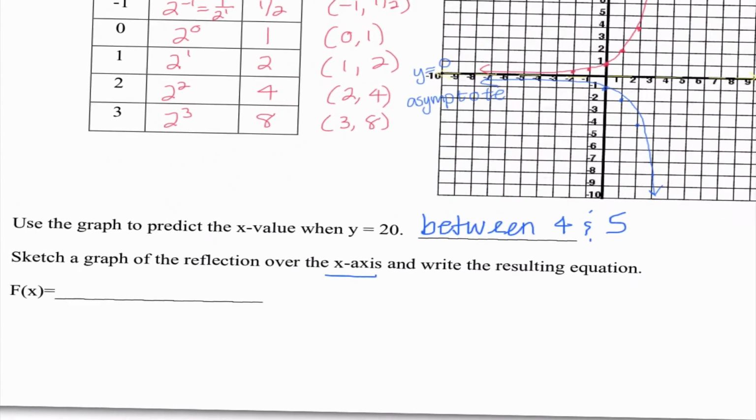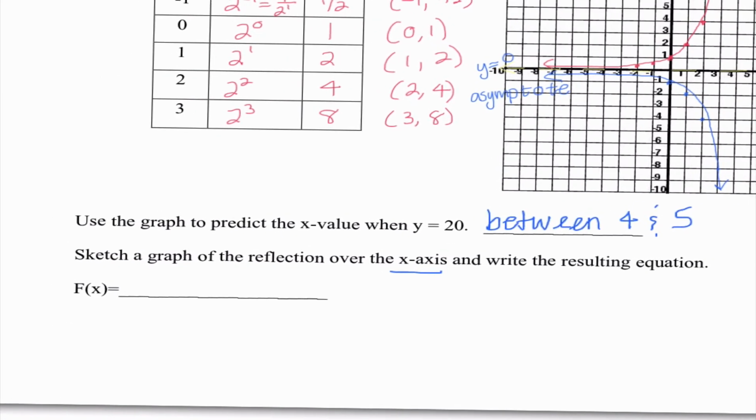The main thing we need to remember, we're actually shockingly building on what we've learned previously. And I know a reflection over the x-axis means I have a negative outside my function. So this equation would be y, or f of x, equals negative 2 to the x power, or the opposite of 2 to the x power.